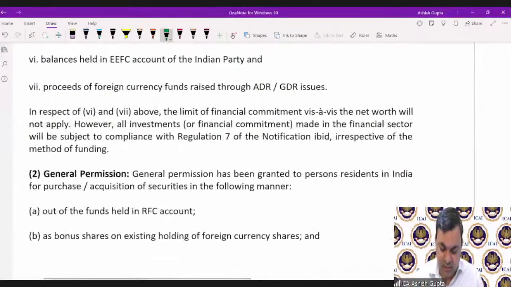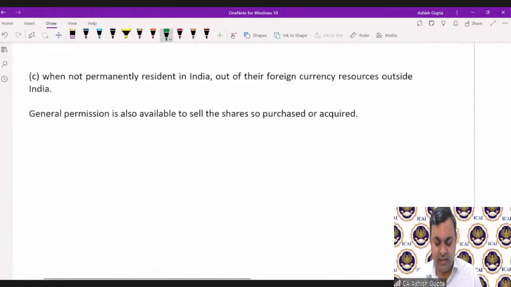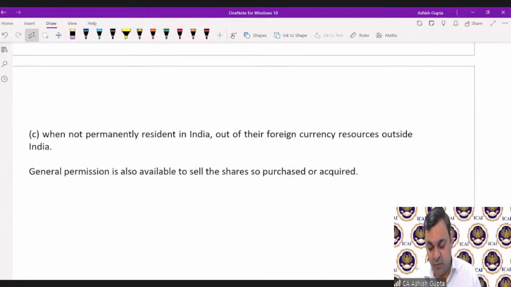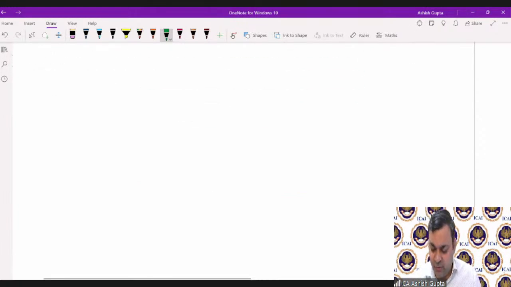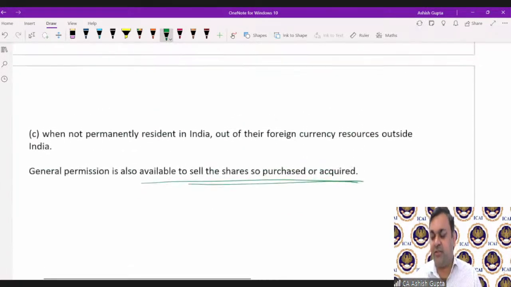So that is allowed, and general permission is allowed from an RFC account and bonus shares, right? Not permanently resident in India, out of this one. And general permission is also available to sell the shares so purchased or acquired, right? So that's all about today's discussion.